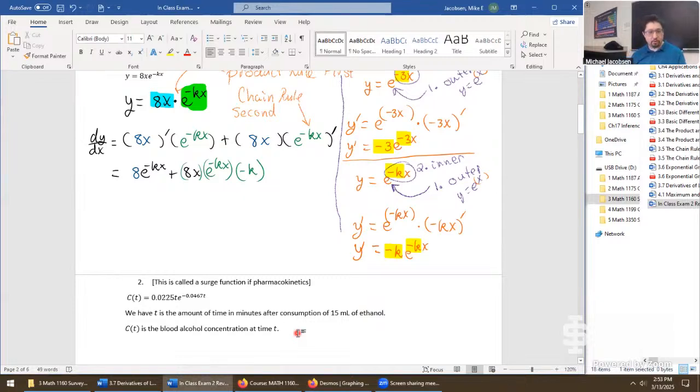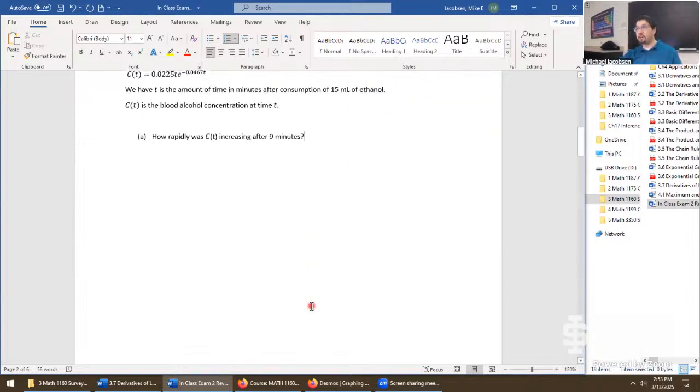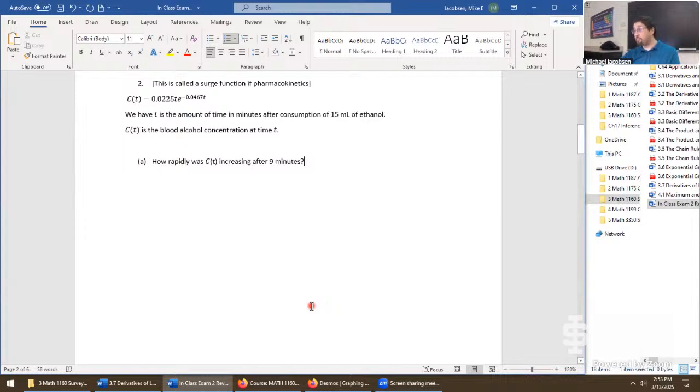So it looks like for the first question, part A: how rapidly was C of t increasing after 9 minutes? This is an honest application problem and pretty similar to the application problem that we were hinting at from section 3.3 as well.